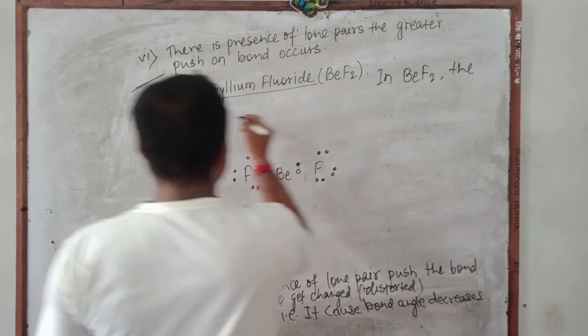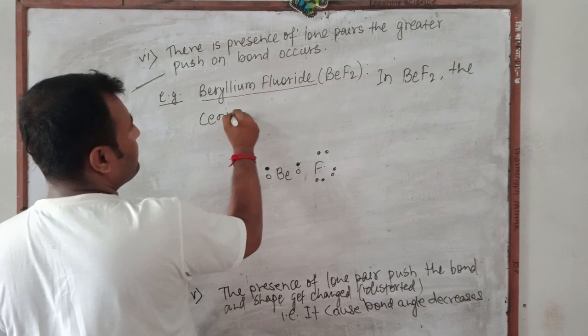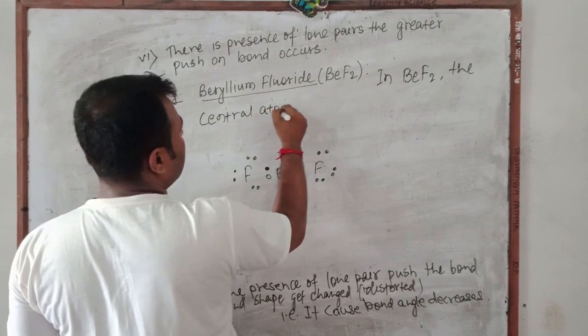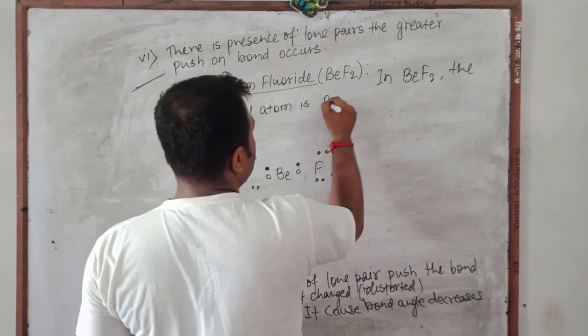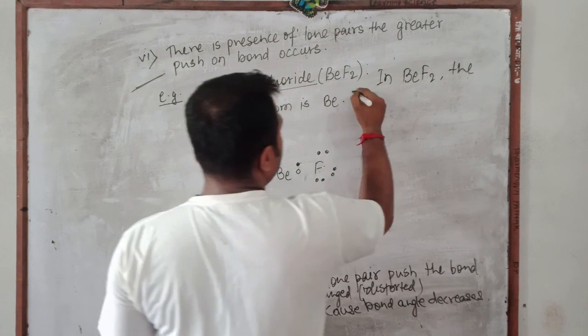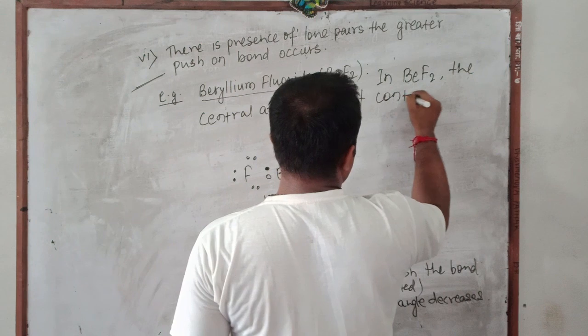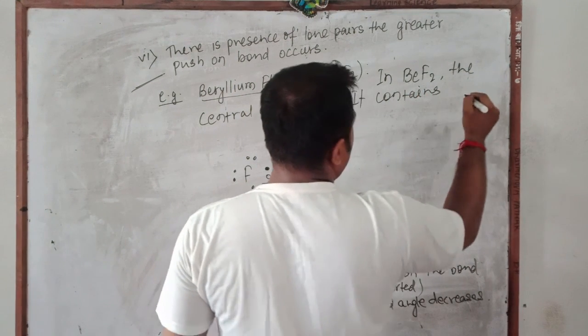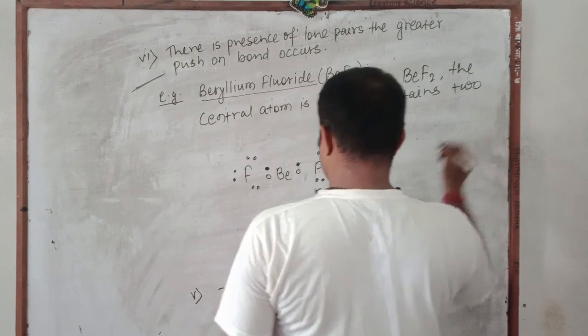And here we write, in beryllium fluoride, the central atom is beryllium. It contains two electron pairs.